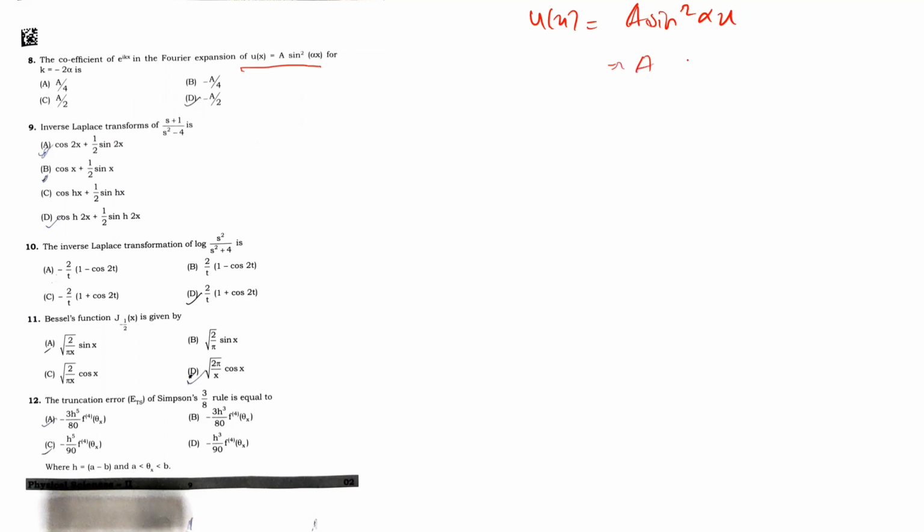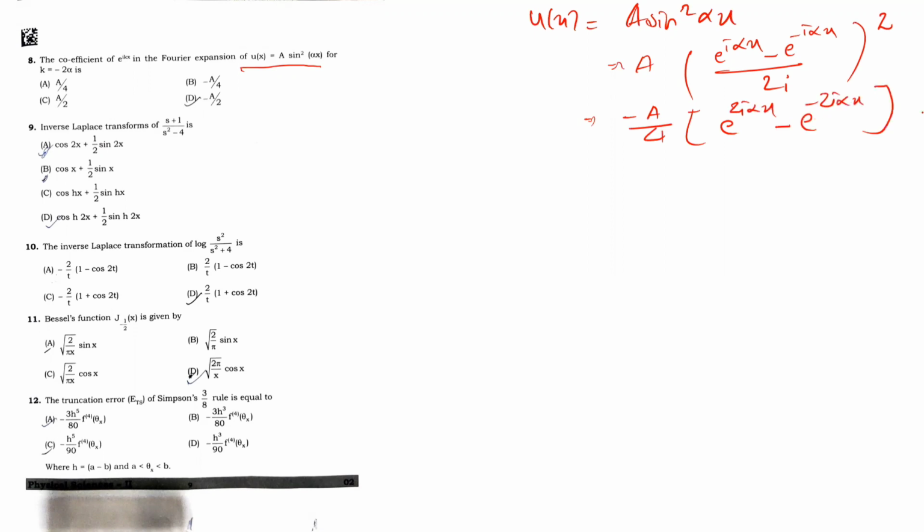Sine alpha x can be written as e to the power i alpha x minus e to the power minus i alpha x by 2i. So what you will write in this particular case: this is 2 square, so it's 4. So minus a by 4, e to the power 2i alpha x minus e to the power minus 2i alpha x. This is what you are having here.